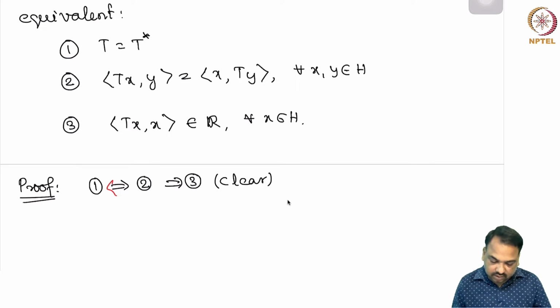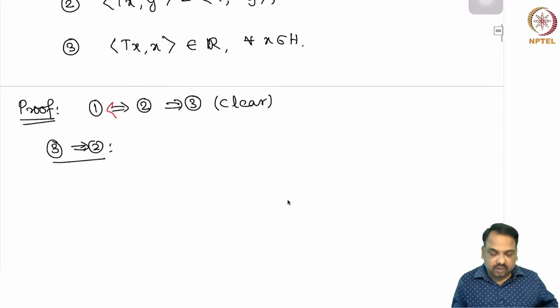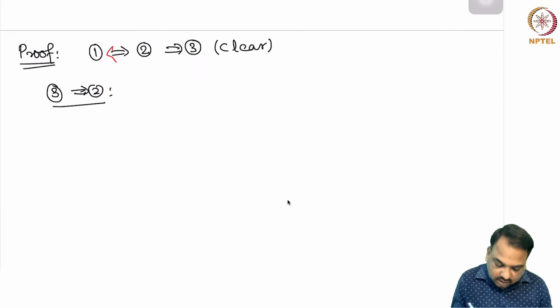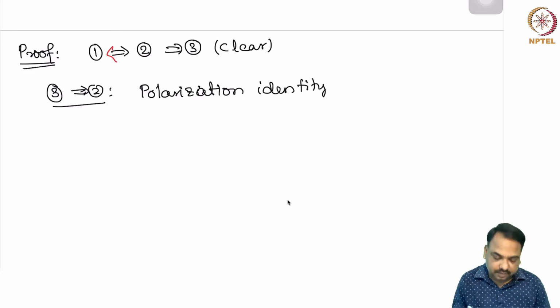Now we want to show that 3 implies 2. To show this, we use an application of the polarization identity for operators.